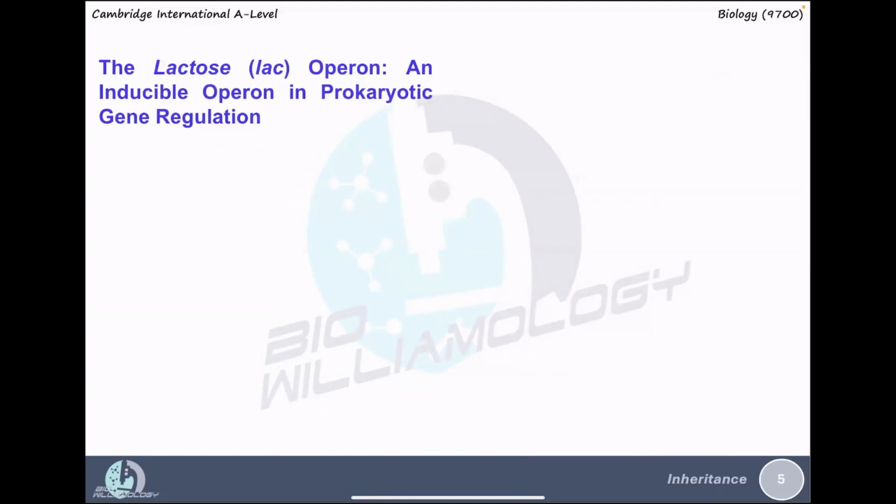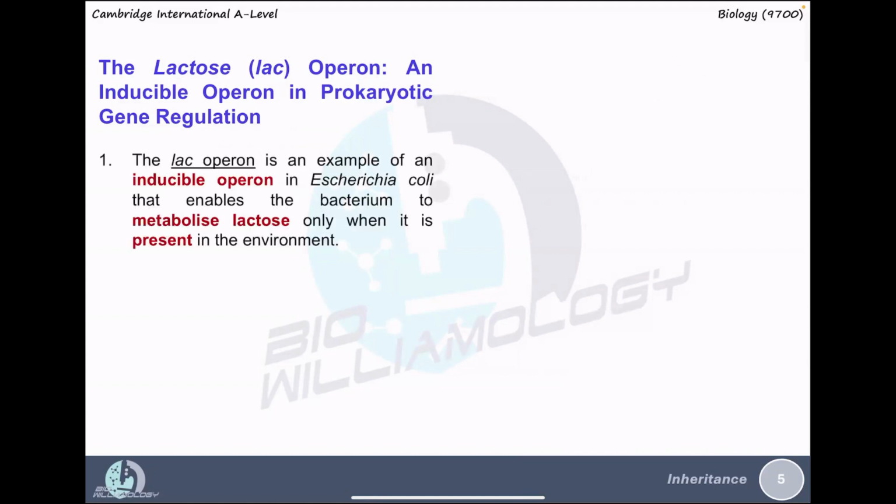Let us look at the lactose operon, or commonly known as the lac operon, which is an inducible operon in prokaryotic gene regulation. The lac operon is an example of an inducible operon in E. coli that enables this E. coli to metabolize lactose, provided that lactose is present in the environment.